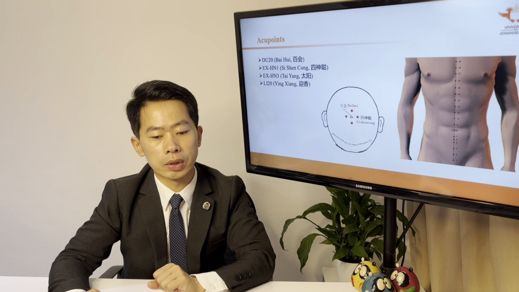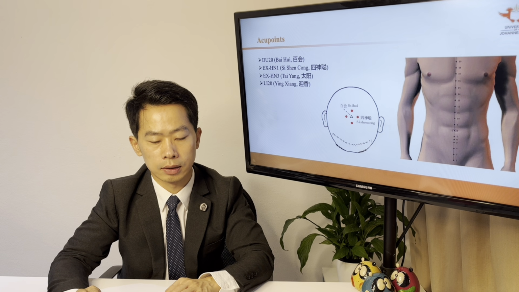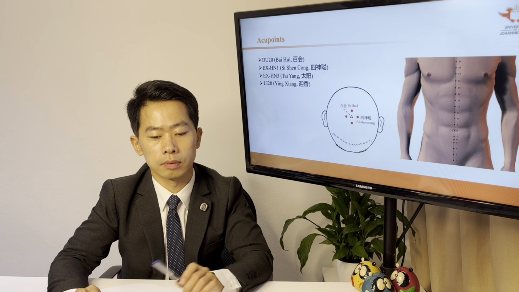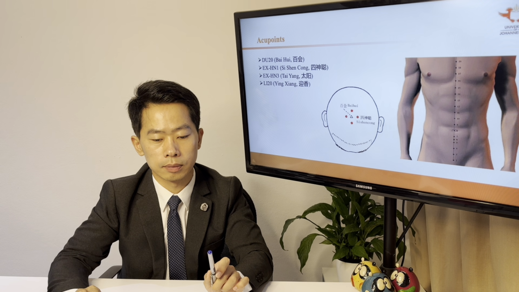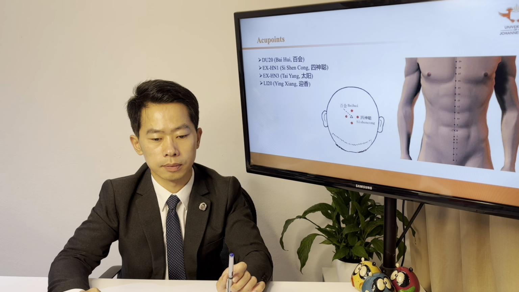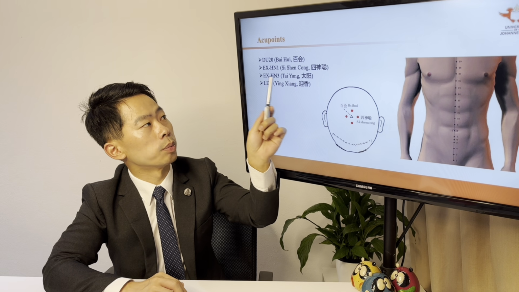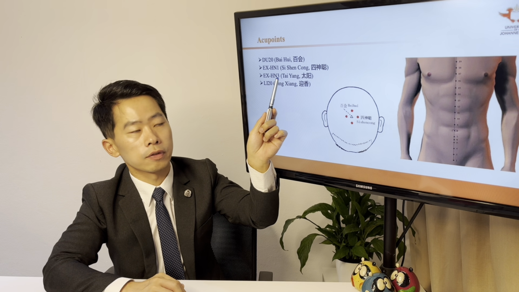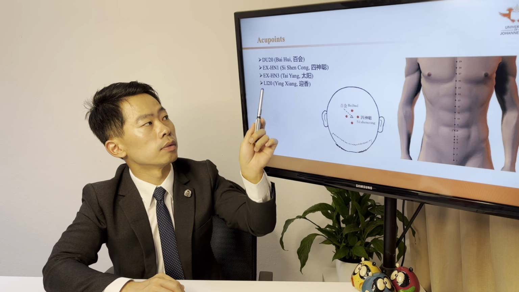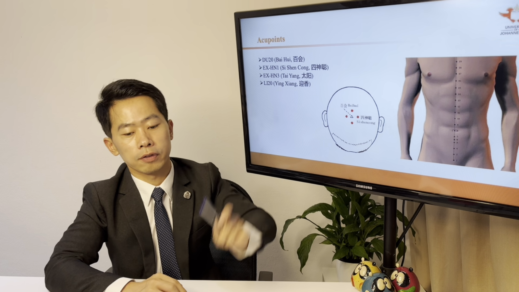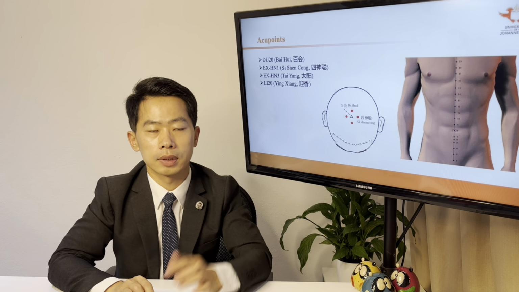For sinuses, you can use extra head and neck 3. This should be 太阳, which should be extra head and neck 5, and then extra head and neck 3 is 印堂 here.